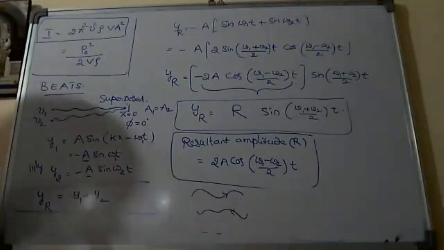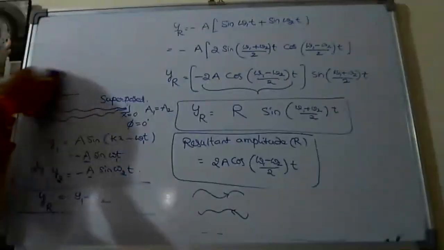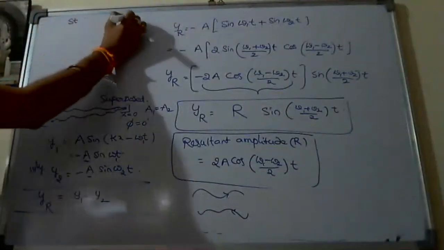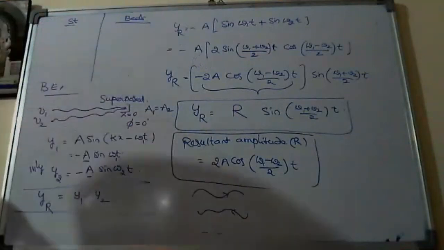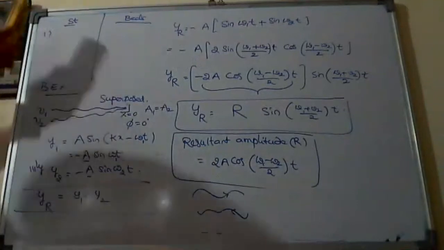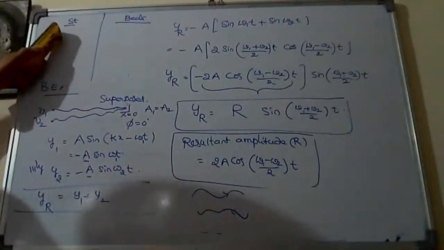So I have actually told 4 differences now between stationary waves and beats. Number 1, both traveling in the same direction here, whereas in stationary waves they travel in opposite directions.